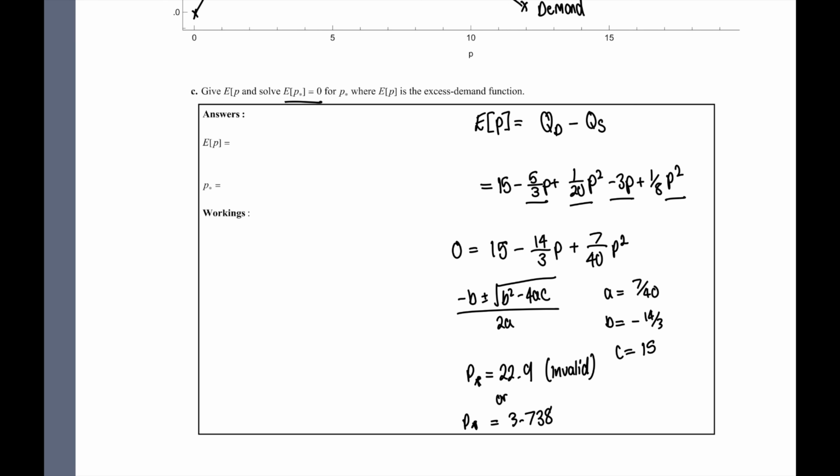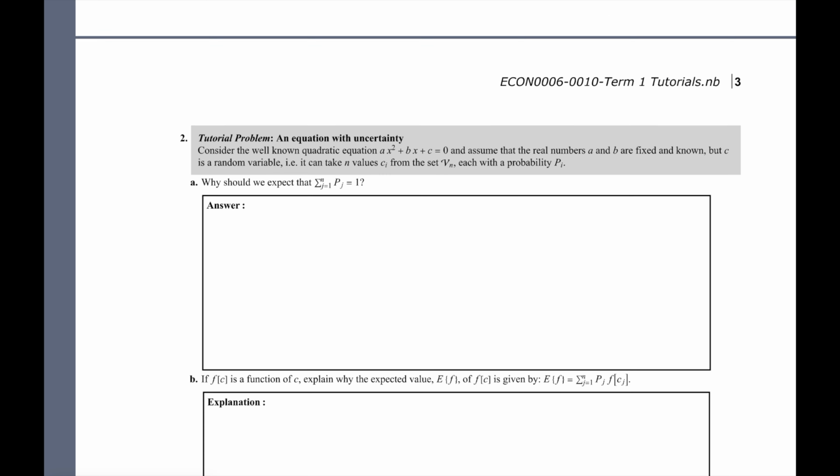The first one is invalid as it's outside our values of p, so we get 3.738, and our function E, which is a function of p, is equal to 15 minus 14 over 3 p plus 7 over 40 p squared. Moving on.